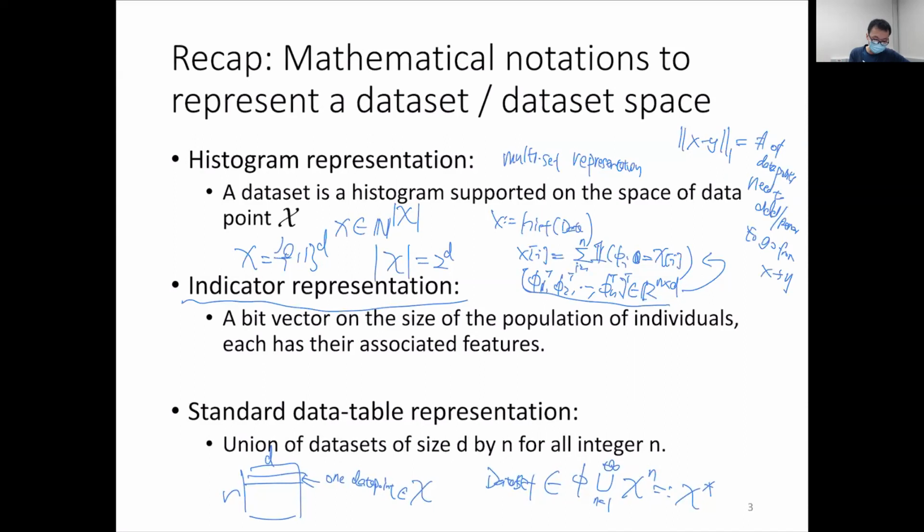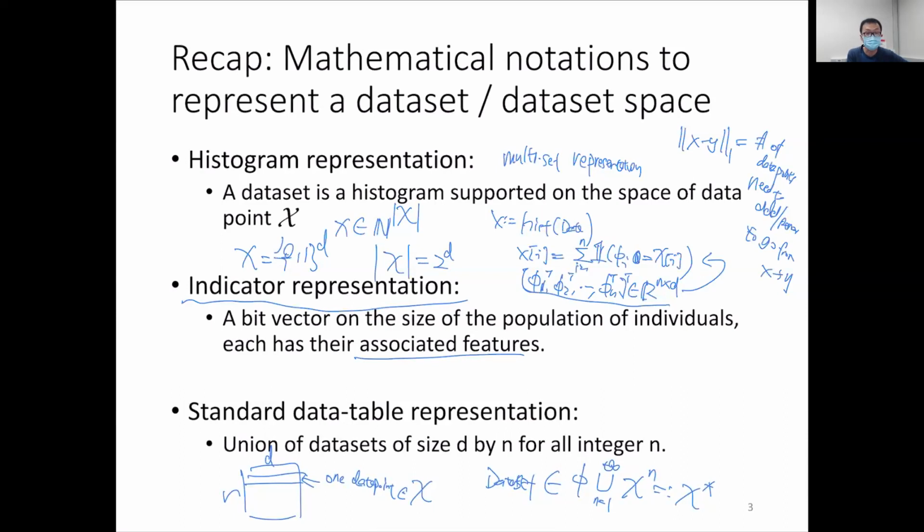Okay, so lastly, the indicator representation is basically an indicator of inclusion of, say, a given population of individuals. The bit vector selects a subset of the individuals who are part of the data set, and then it comes with some associated features that are typically unspecified.